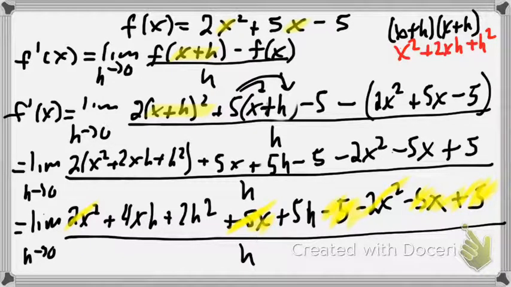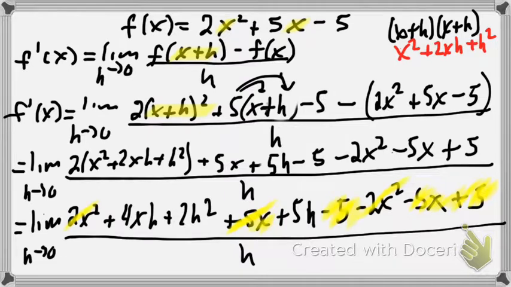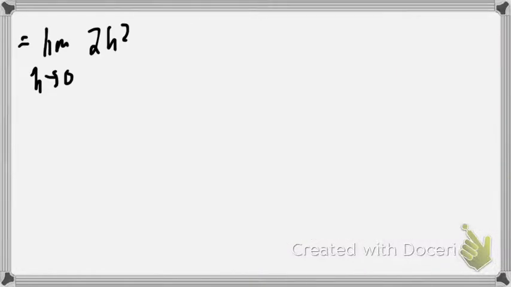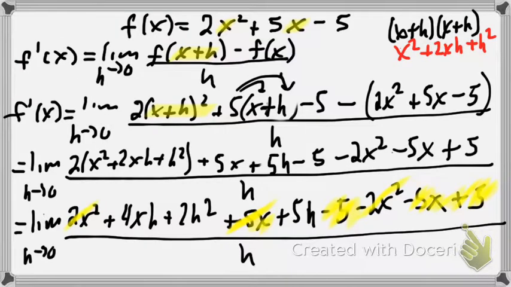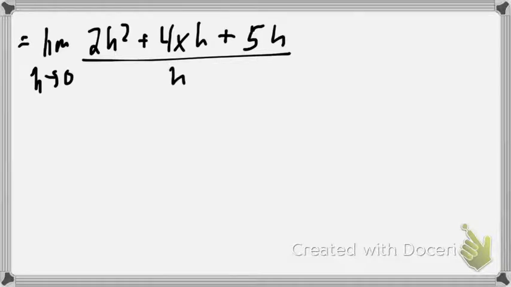So we're going to have 2h squared plus 4xh plus 5h. So plus 5h all over h.